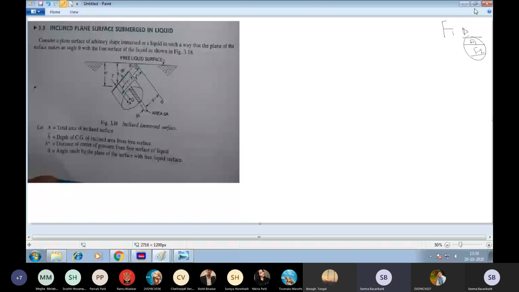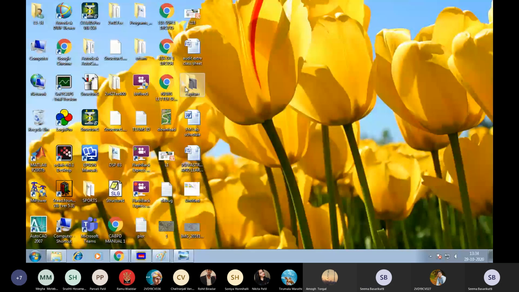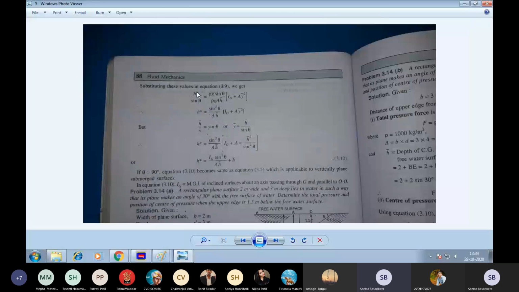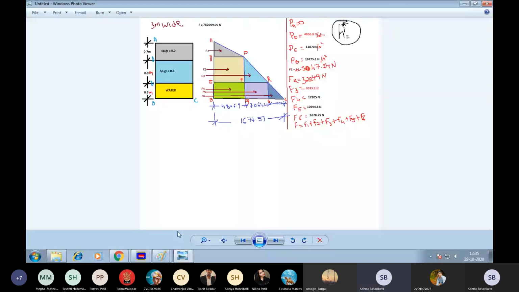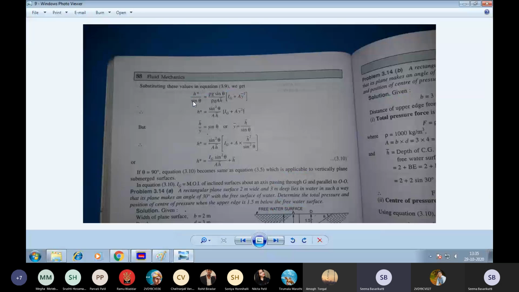Now next, this is nothing but the equation for y bar, y star. So y star is replaced by h star divided by sine theta, and these terms will remain the same. That is rho g sine theta divided by rho g into h bar.